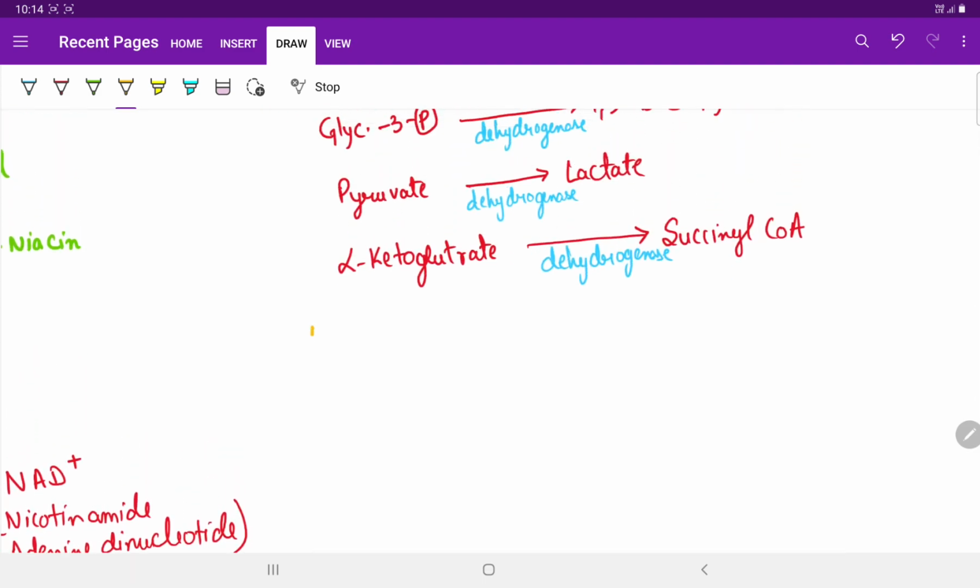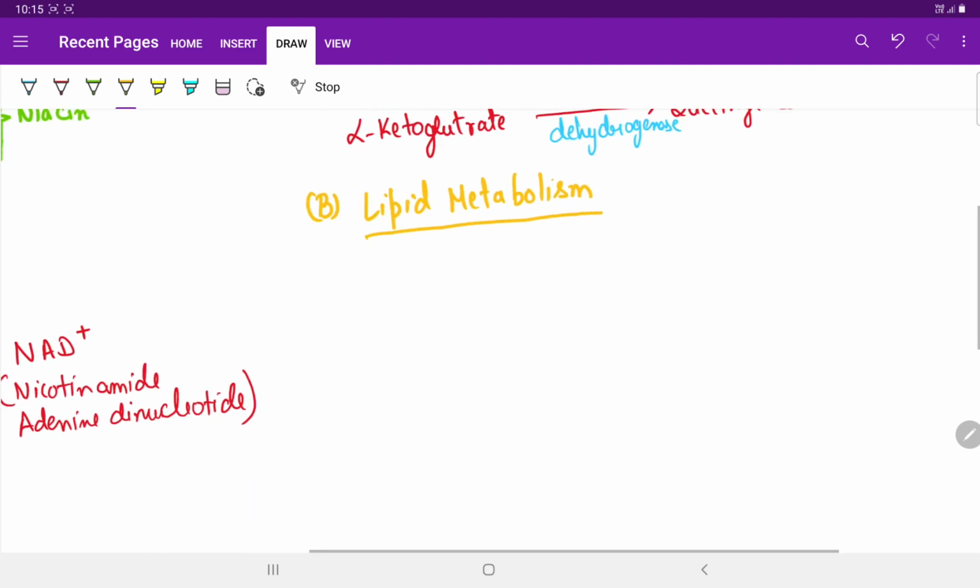Now there are certain reactions which are NAD dependent in the lipid metabolism. Now let us see what are the lipid metabolism dependent reactions.